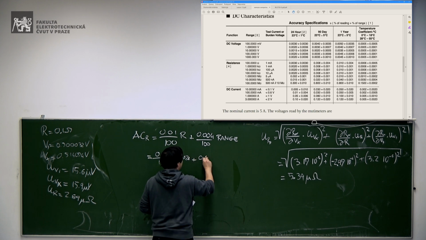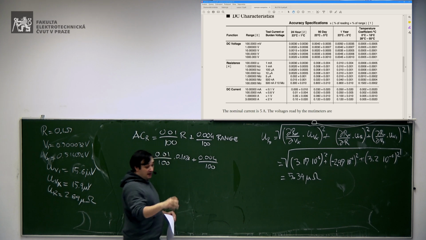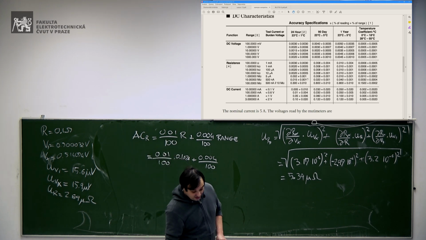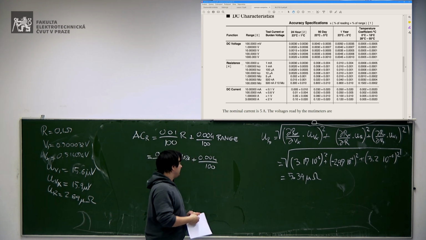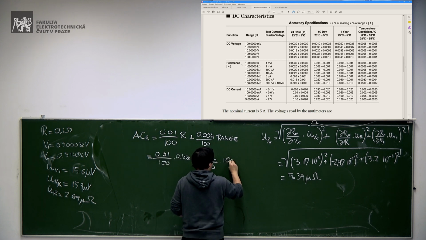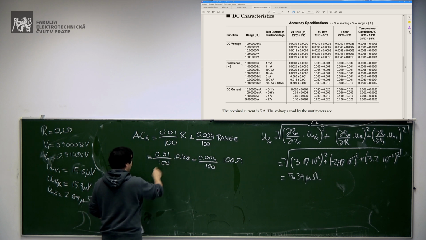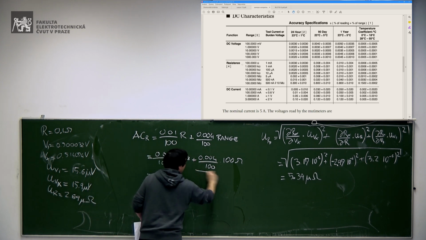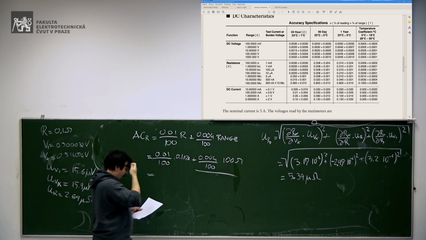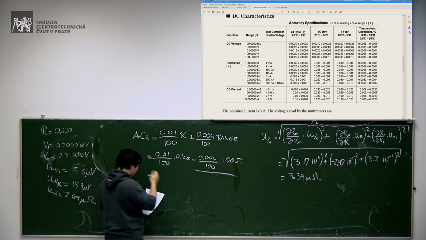Plus 0.004% of the range, and the range here, you see we are using this range, is 100 ohms. So this first term is basically negligible, and the main component will be this one.